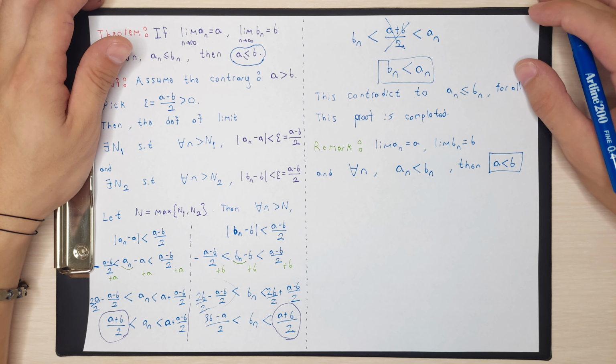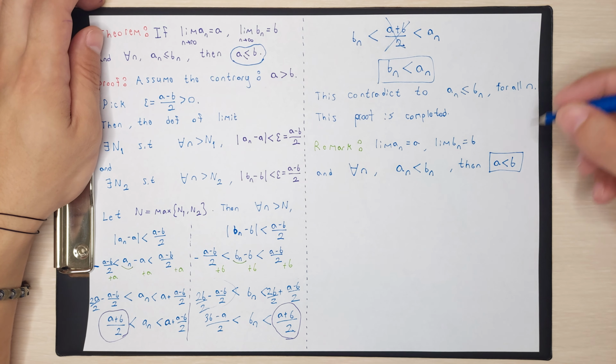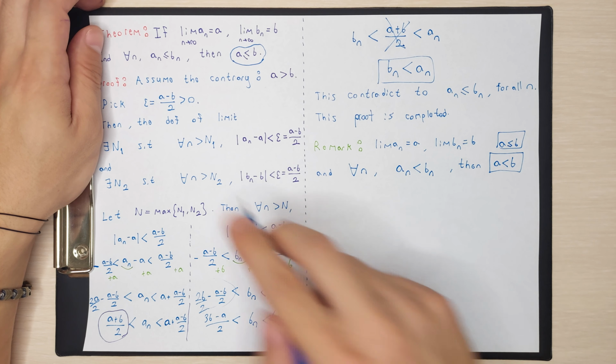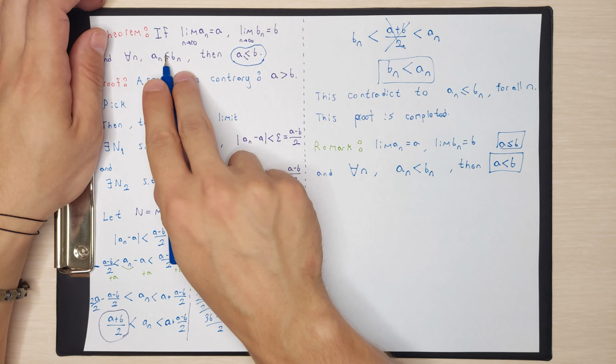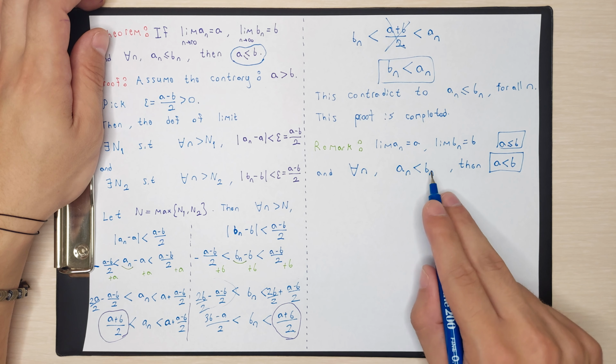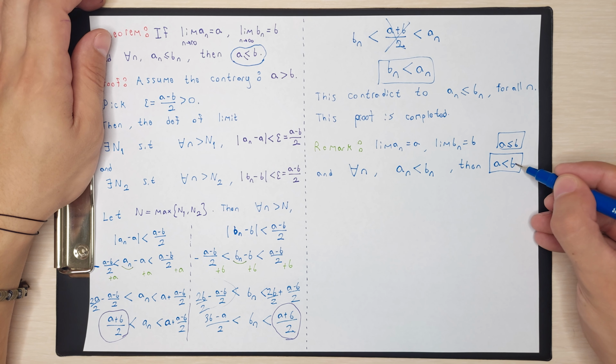They may ask this remark to you, because in this theorem we prove that a must be less or equal than b when an is less or equal than bn. But what if an is strictly less than bn? Do we have that one?